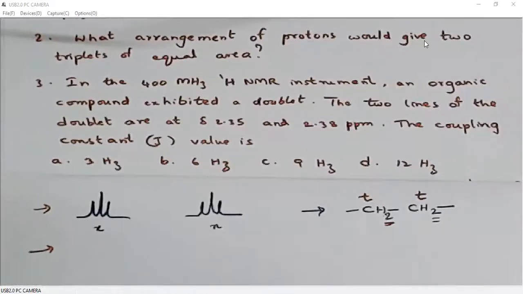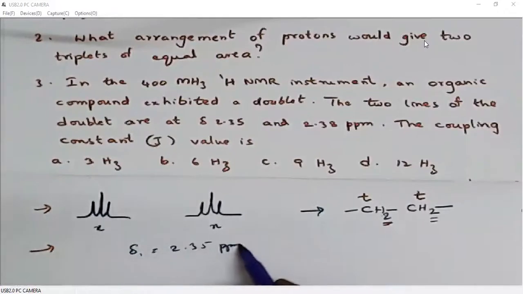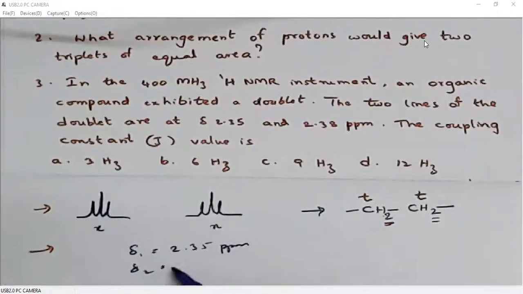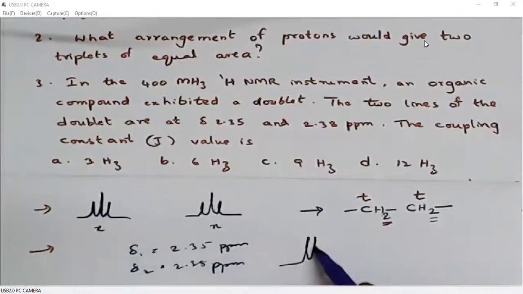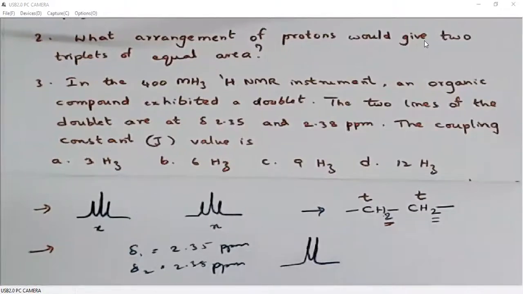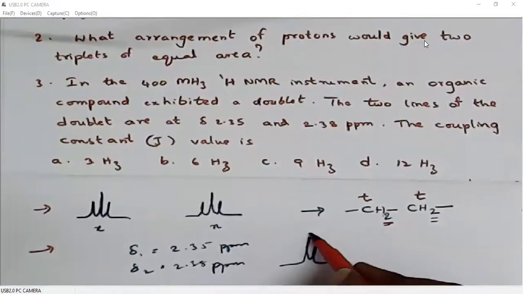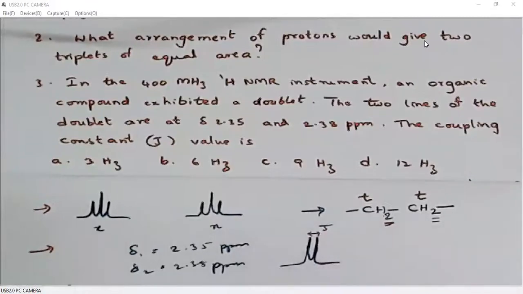Given delta 1 is 2.35 ppm and delta 2 is 2.38 ppm for a doublet. A doublet means it should be 1:1 intensity, the ratio of intensity of peaks. Right. What is the coupling constant? The coupling constant is nothing but the difference in frequencies between these two peaks.